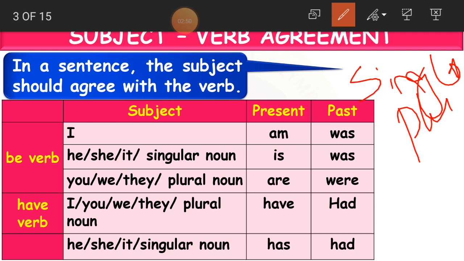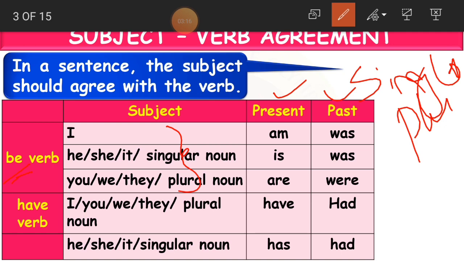Here our verbs are the be verb and the have verb. How does the be verb change in the present tense and in the past tense, and when we have these subjects in our sentences, how must we connect them? That we are going to learn.